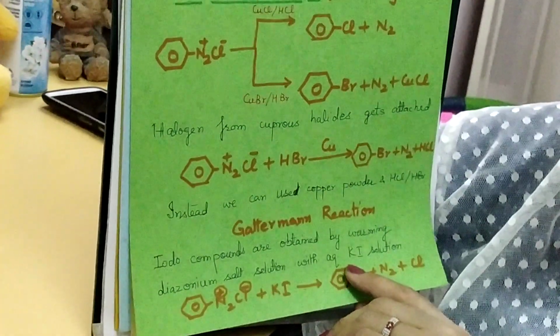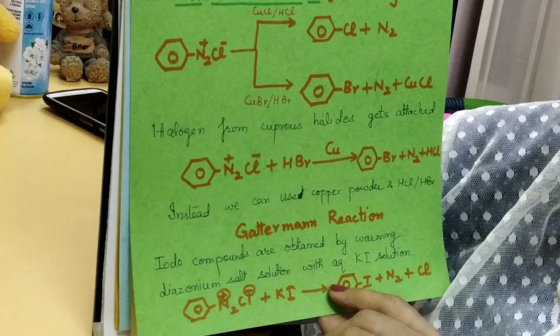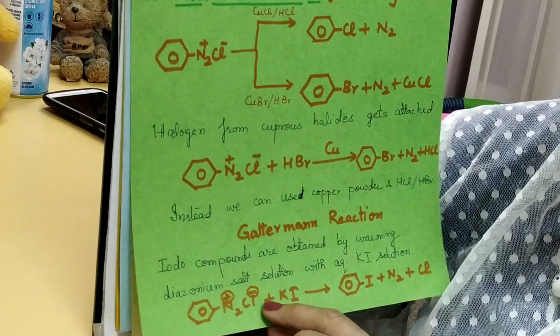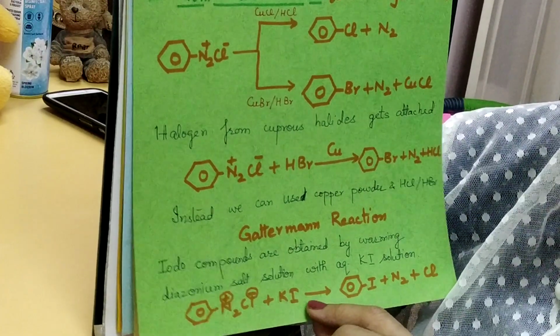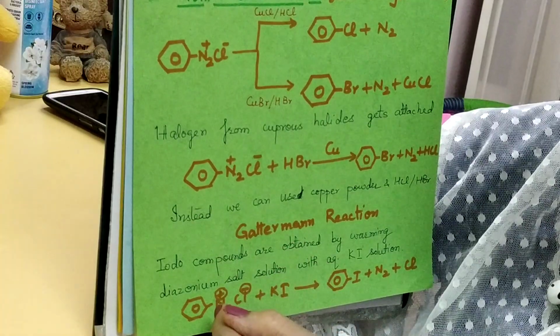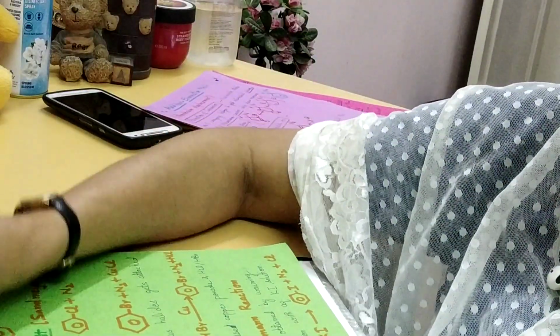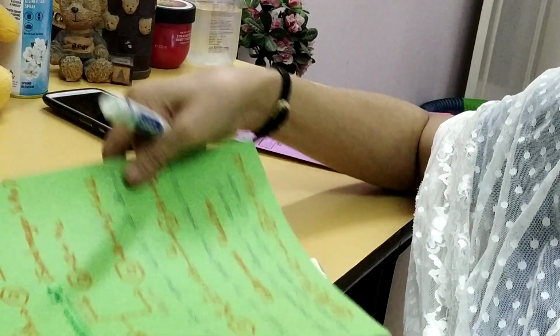Iodo compounds can be more easily obtained by simply treating diazonium salts with KI, and in this manner you can prepare aryl iodides.